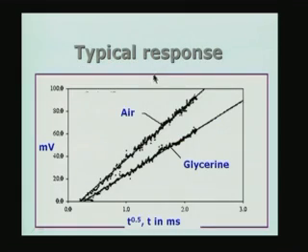So, a typical response of a sensor of this type I have given in the form of electrical output in millivolts, and on the x axis I have got square root of time, where time is in milliseconds.